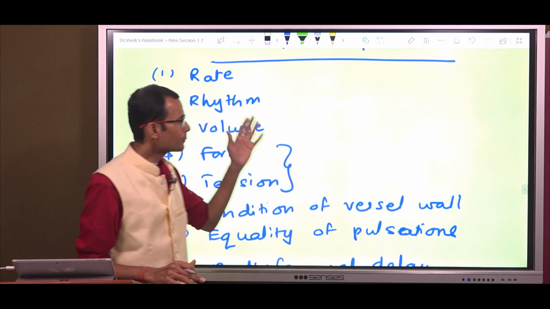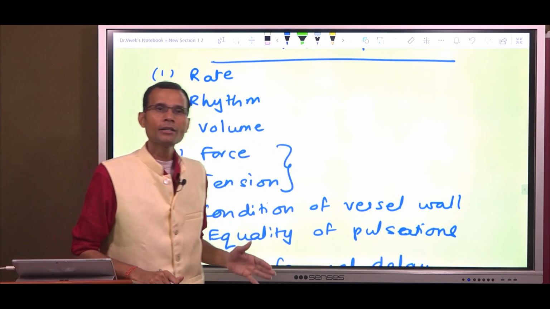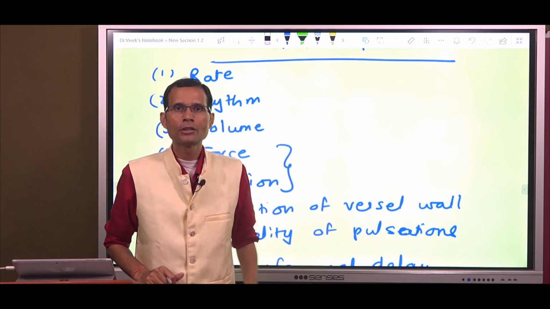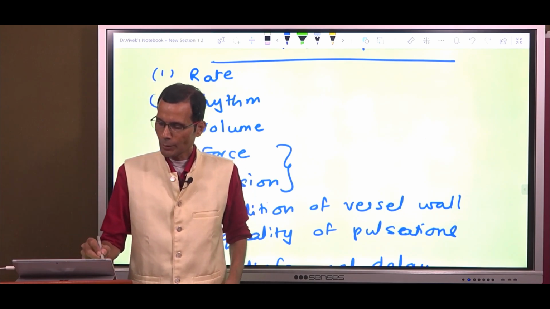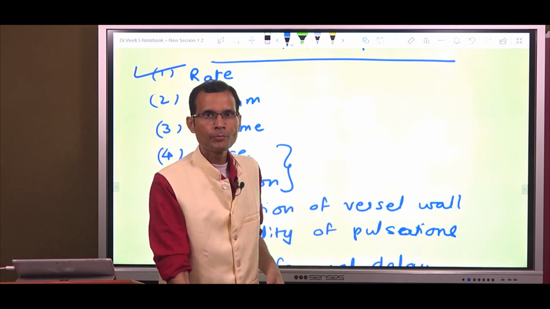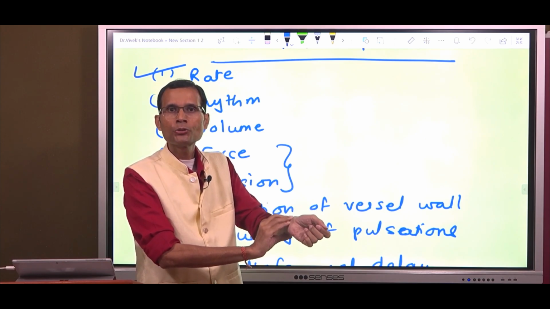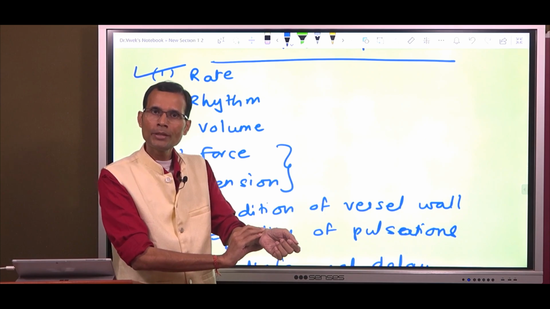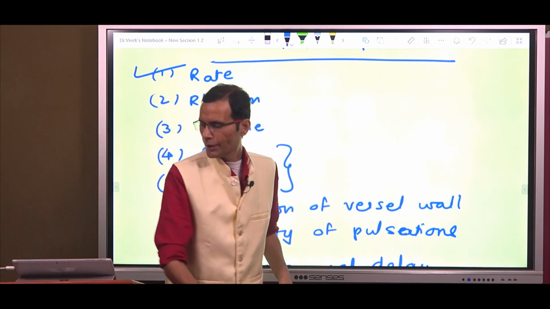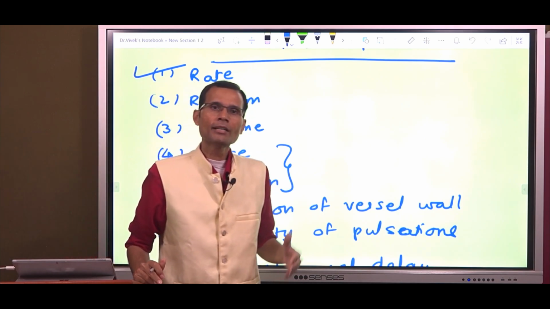So let's talk about these points one by one, and then how you present it to your examiner. Pulse rate, that's easy. It is the number of pulsations you could feel in that 1 minute, and therefore it will be the same as the heart rate.